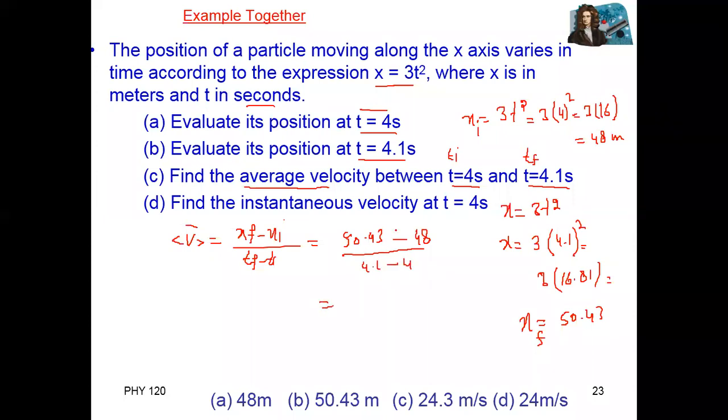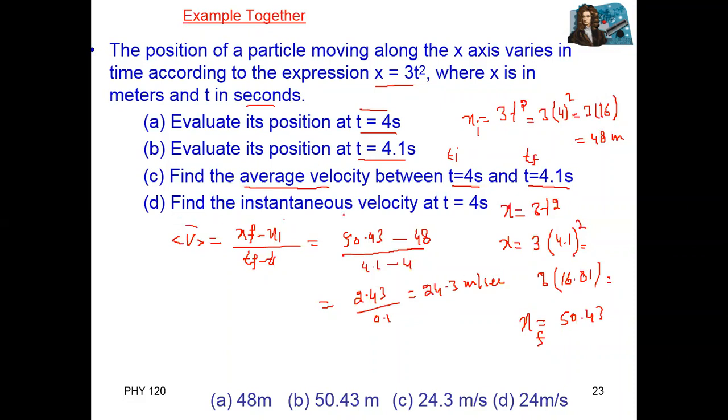So 50.43 minus 48 equals 2.43, divided by 0.1, because 4.1 minus 4. Dividing by 0.1 gives 24.3. This is average velocity, so meters per second.